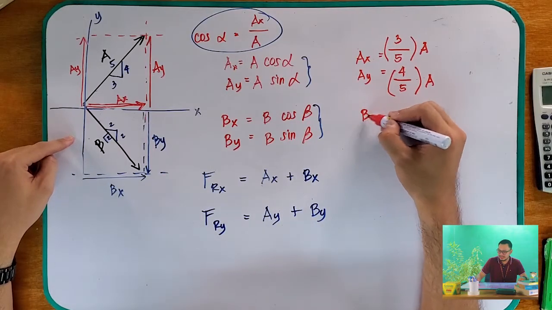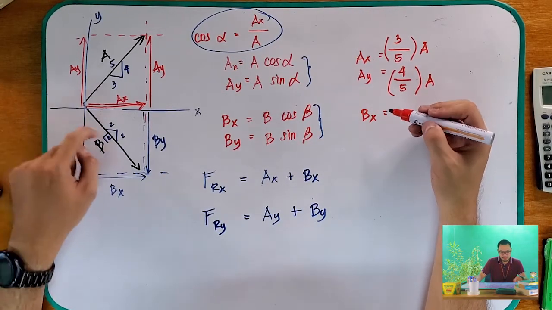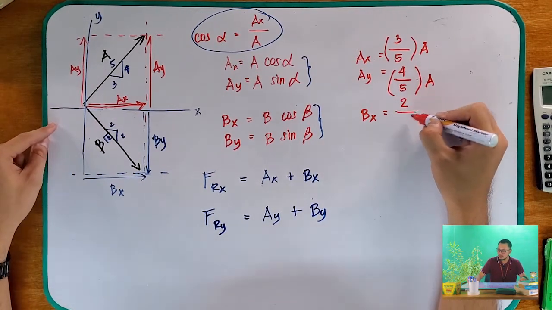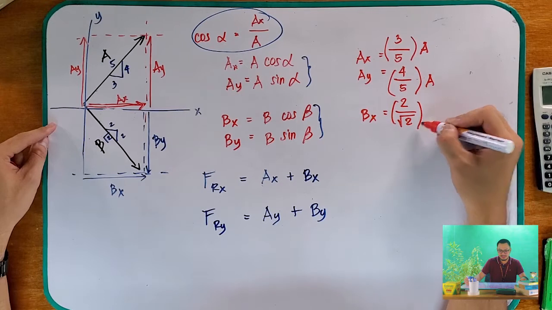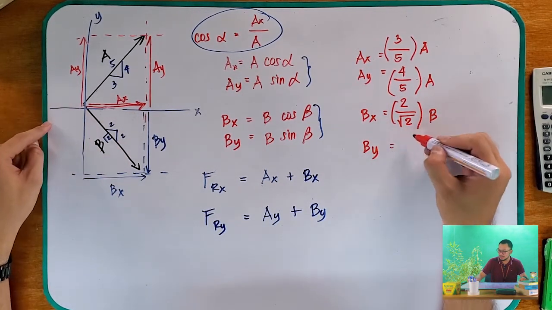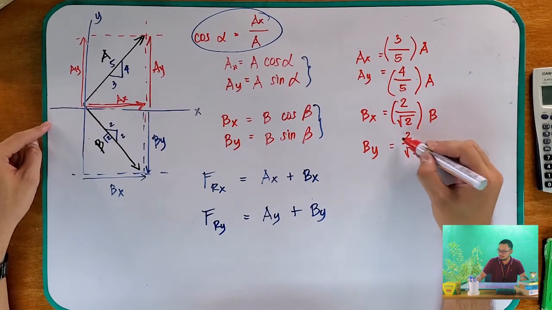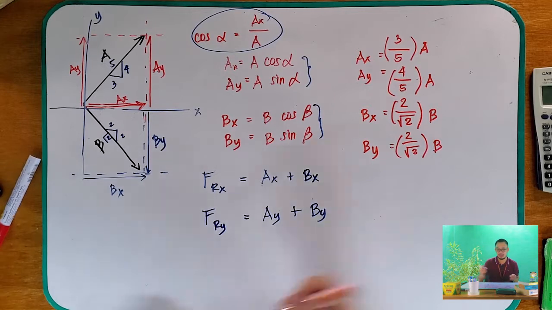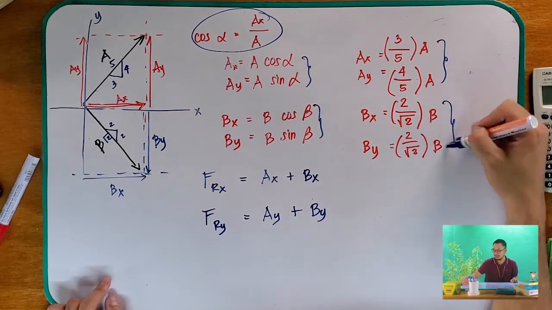Diri sa B, so BX, imong gamiton, x man, x nga horizontal, so 2 over square root of 2 times B. And same sa imong BY, kay pares naman sila og 1, 2 over square root of 2 times B. So, sayon lang jud kaayo siya kung components ang atong gamiton.